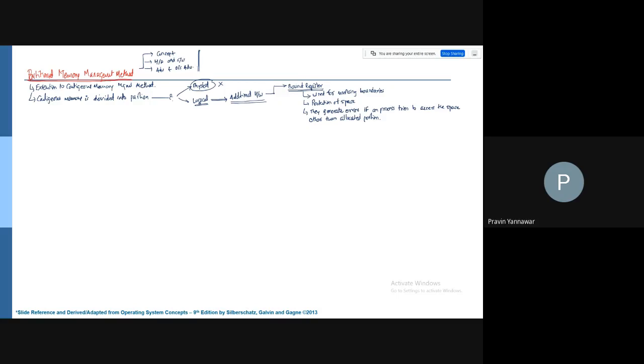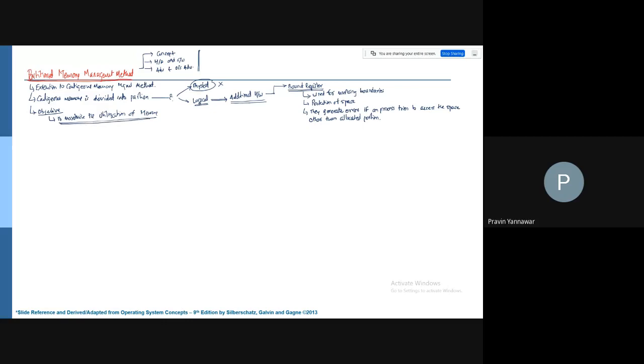So as far as hardware is concerned, this is going to be there. Okay, so the contiguous memory is being divided into partitions. So what is the objective of this? The objective is to maximize the utilization of memory.